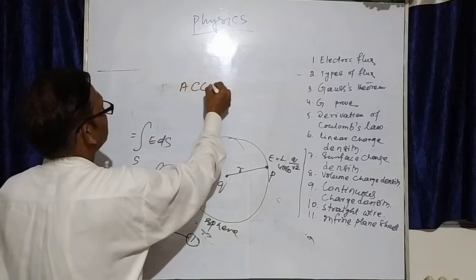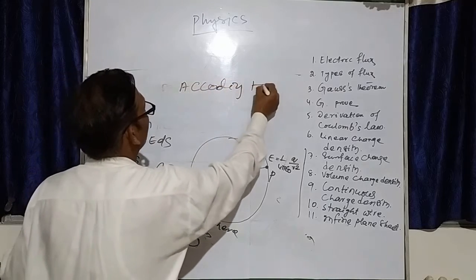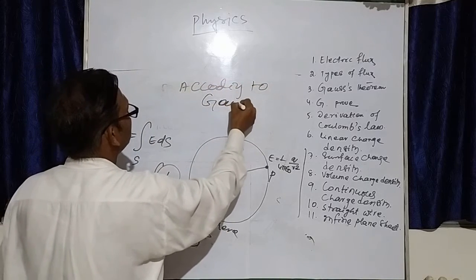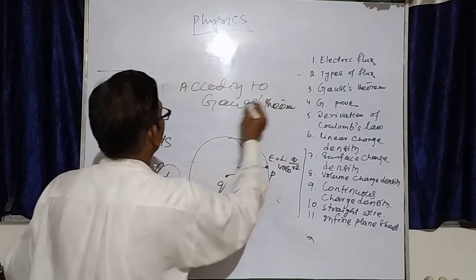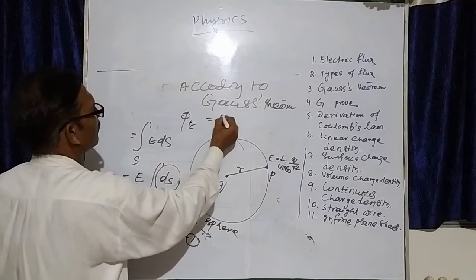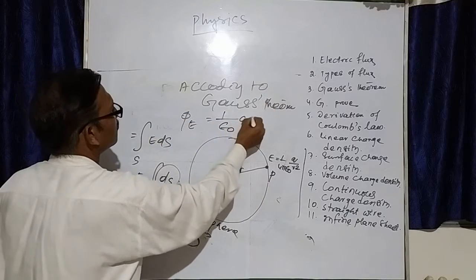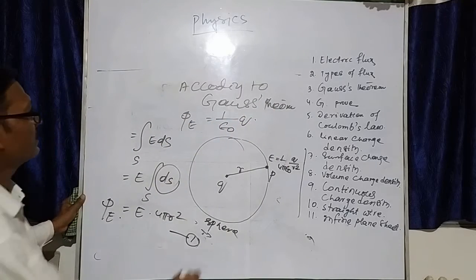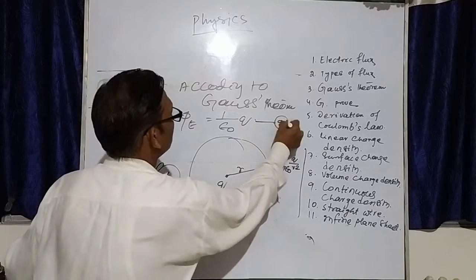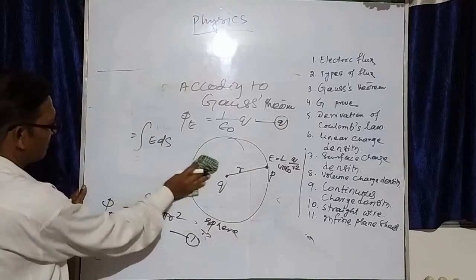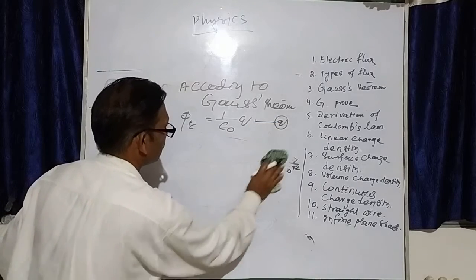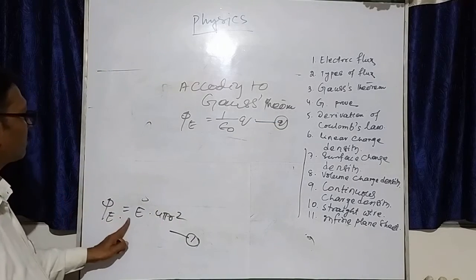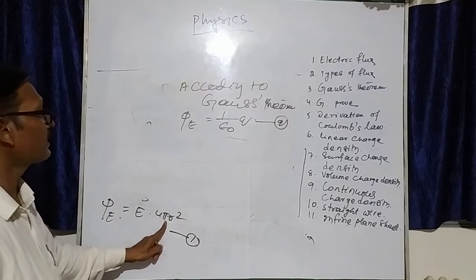According to Gauss theorem, electric flux is equal to 1 by epsilon 0 q. This is your equation 2. Now you compare equation 1 and equation 2. Equation 1 says flux is equal to E 4 pi r square.